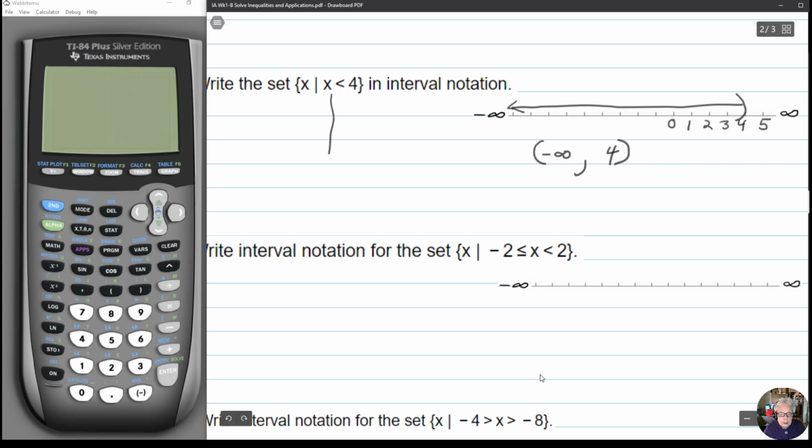This set builder notation and this interval notation mean exactly the same thing. The interval of numbers on the x-axis that run from negative infinity to 4, but not including 4. That's how we do it in college.